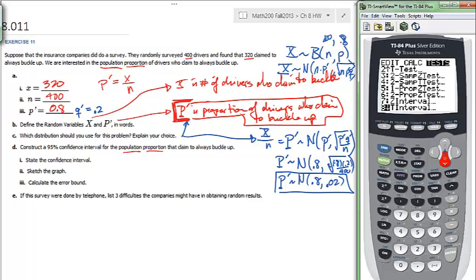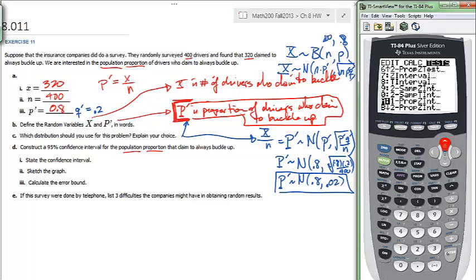If you go a little bit past that, there's a 2-SampZInt and 2-SampTInt, and then we got the props now, 1-PropZInt and 2-PropZInt. So for this particular problem we will be using one proportion, that's the one proportion z interval.